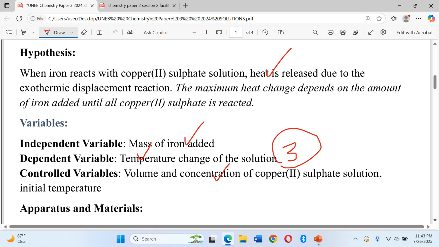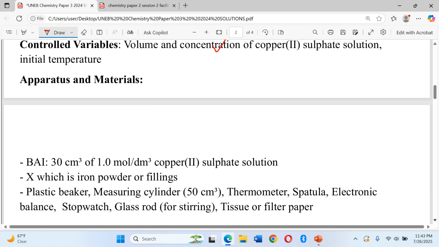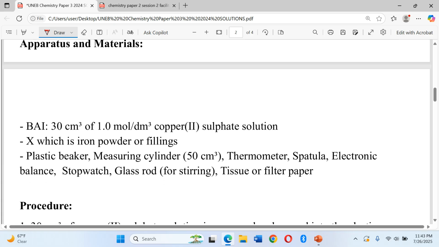Then after that, we can talk about the apparatus and the materials that we are going to use. We already said that BA1 is the 30 cubic centimeters of copper 2 sulfate. And then XC is iron powder, or it can be iron filings, depending on what they have given you in the exam or what is available to us.